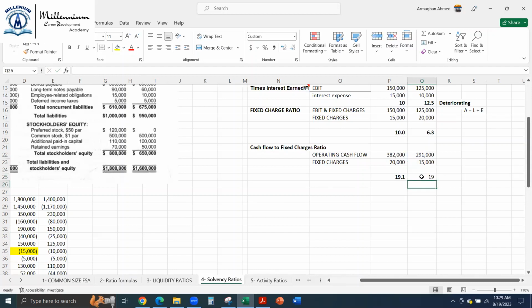So that is coming how much? 19.4, right?